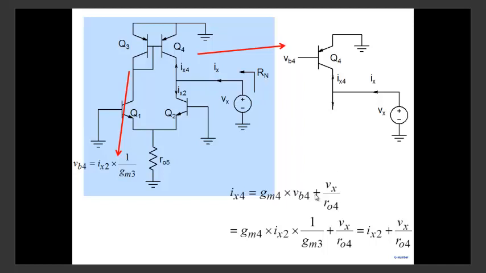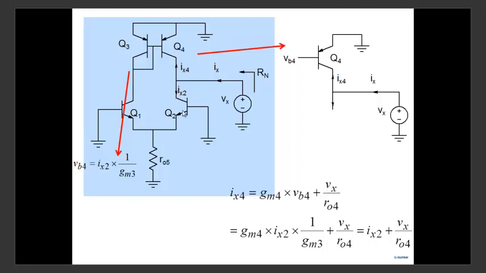And we've already calculated what is VB4. So when we put the value of VB4 here, which is IX2 by 1 over GM3, we end up with an IX4, which is equal to IX2 plus Vx by R04. That's the value of IX4 that we get here. Which is what makes sense here. Whatever is the current here, IX2 is flowing here.